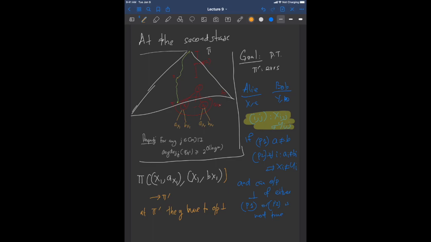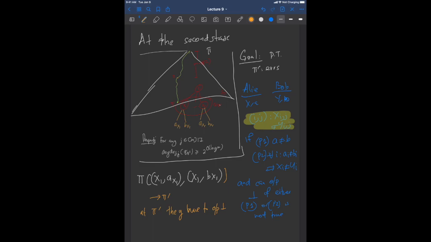Here that's the only option, because the other option would have been to find an index ij that differentiates Alice's matrix from Bob's matrix, but that's impossible because Alice and Bob got the same matrix. So at pi dash the protocol has to say, I give up, reject.